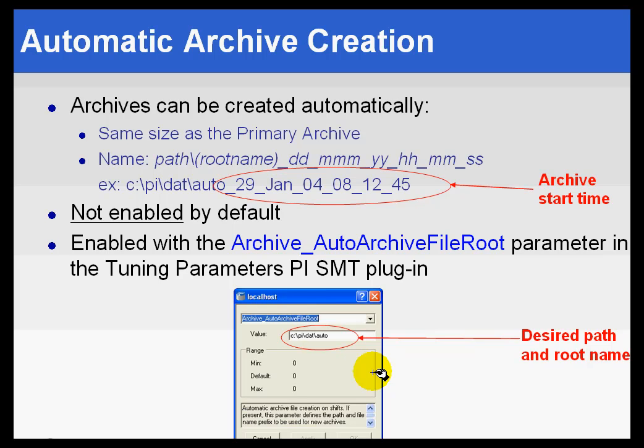Now, if for some reason we can't create any more archives, if the path doesn't exist, for example, then the system is going to roll back into the old behavior, which is to shift to the empty archive that's highest, or shift into the oldest archive.